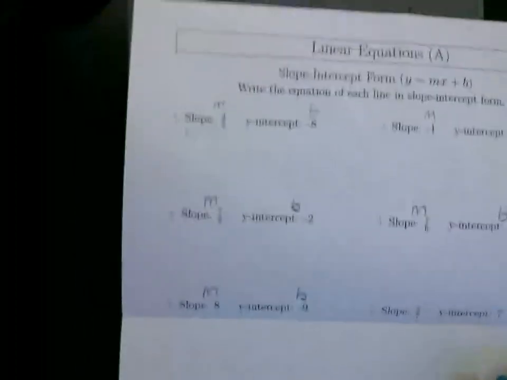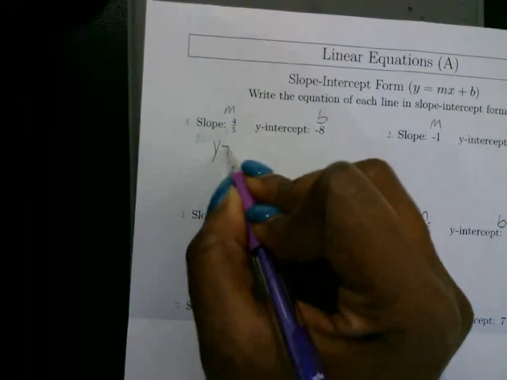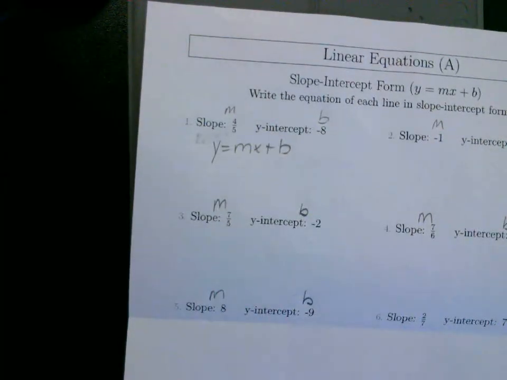All right. So now we want to write these in slope-intercept form. Y equals mx plus b. You write it, please. That is the form that we're writing these equations in.